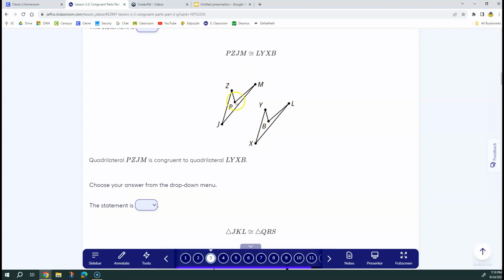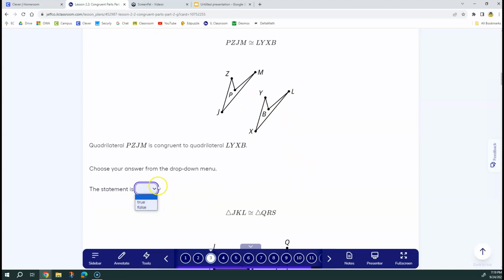So we have to follow the points in the order that they are given. L to Y, X to B. Is this a true statement? True or false?